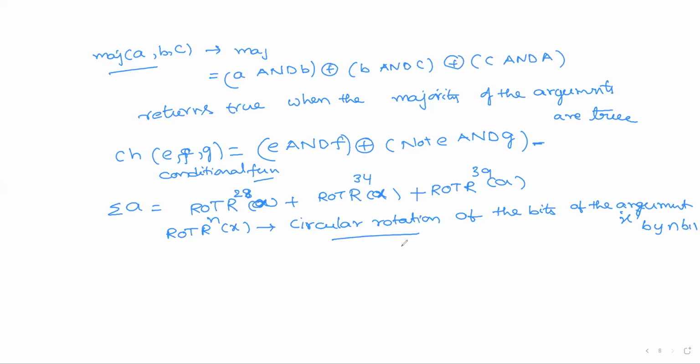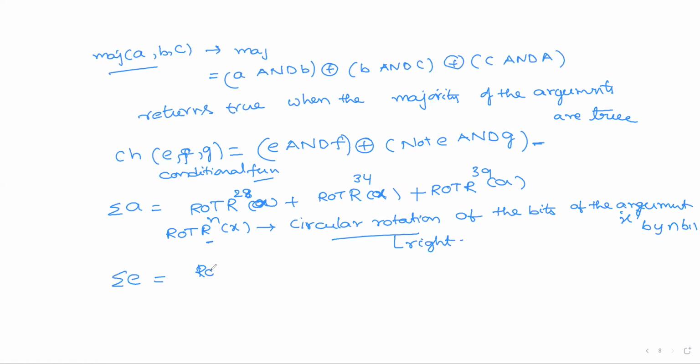This is R, one more R is there, towards the right circular rotation. Same like this, we have one more function, that is sigma E.